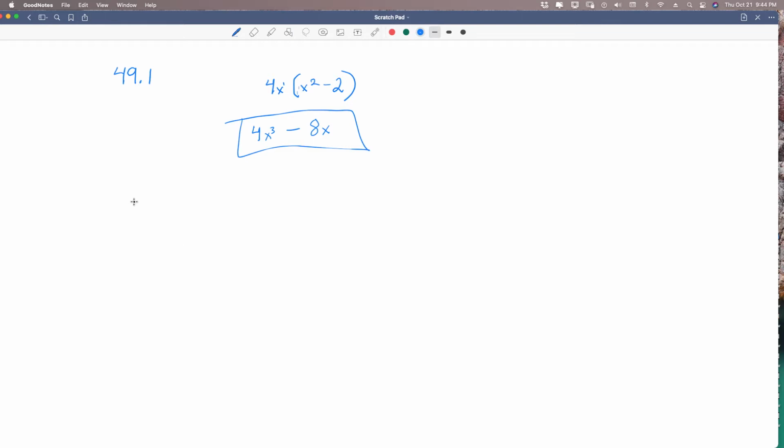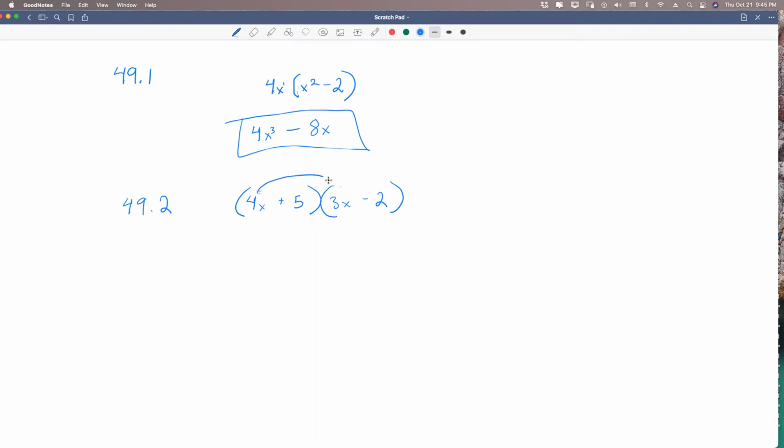So let's move on to 49.2. We have a pair of binomials that we are going to multiply. We have 4x plus 5 and 3x minus 2. So what we're going to do is take the first term times the first term.